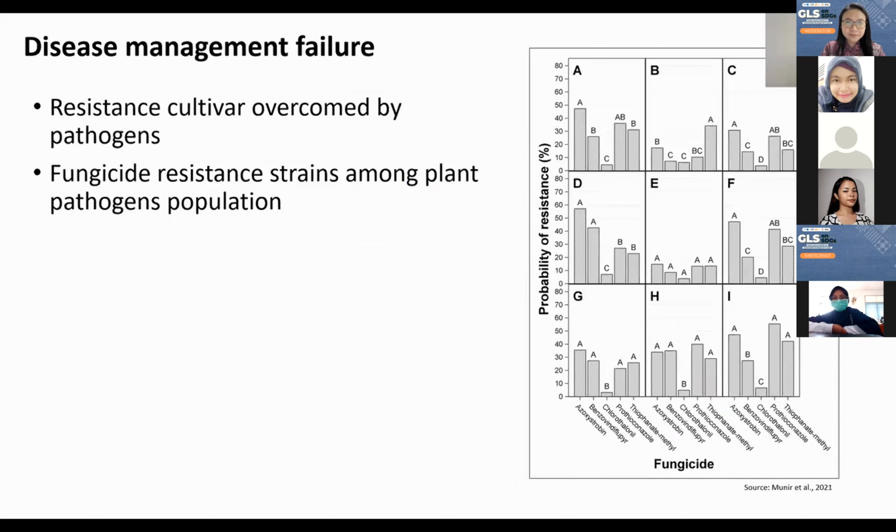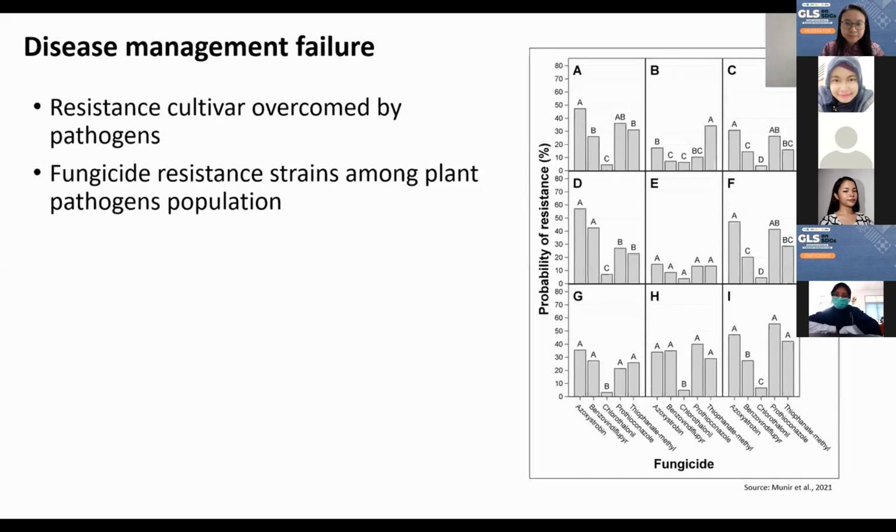Like I mentioned, resistant cultivars can be broken down, can be overcome by pathogens. Pathogens out there keep evolving. We put in a resistant cultivar this year, and 5 years later it may no longer be resistant to particular pathogens because they keep evolving, right? And there are fungicide-resistant strains among plant pathogen populations.